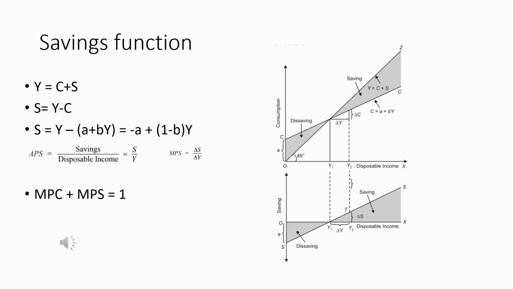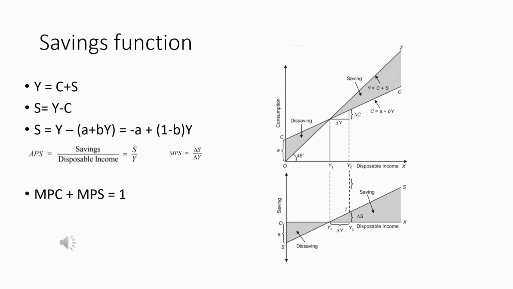Coming over to the concept of marginal propensity to save, whereas average propensity to save indicates the proportion of income that is saved, marginal propensity to save represents how much of the additional disposable income is devoted to saving. The marginal propensity to save is therefore the change in saving induced by a change in the disposable income.